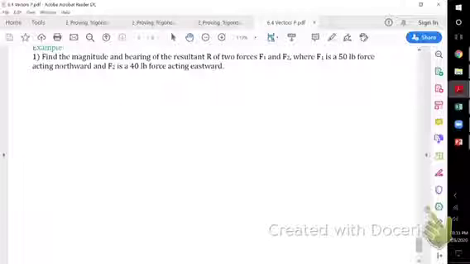Alright, so first thing I'm going to do is draw this. We've got two vectors here, two forces. One's going north, one's going east.